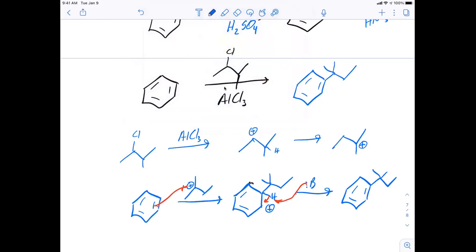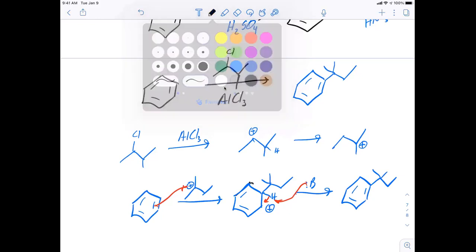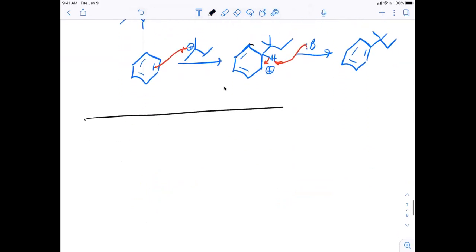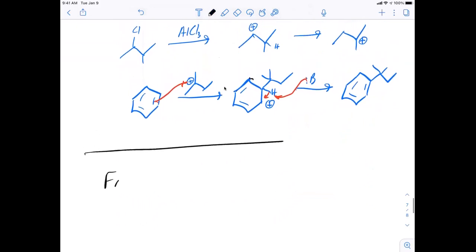So we saw there were several problems with the Friedel-Crafts alkylation. So that led to the development of Friedel-Crafts acylation.